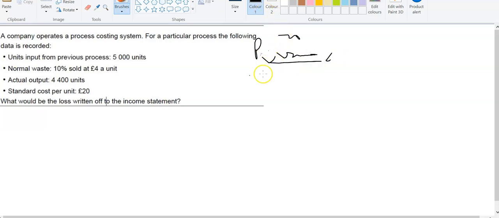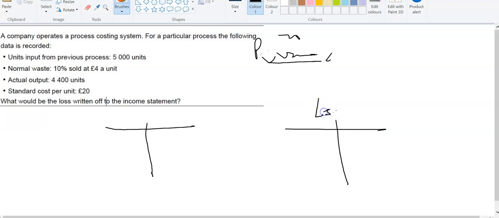This happens to my pen every time when I start this. But let's just talk about what's going on here. There's two accounts you need to do. You need to do a loss account. Okay, great. I think my pen will suddenly respond in a second.